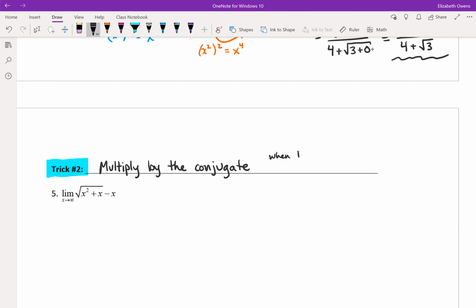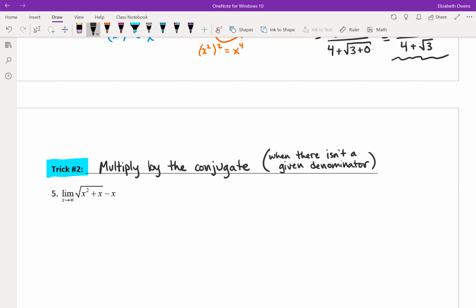So when there isn't a given denominator to work with. Otherwise you'd just go straight for trick number 1.